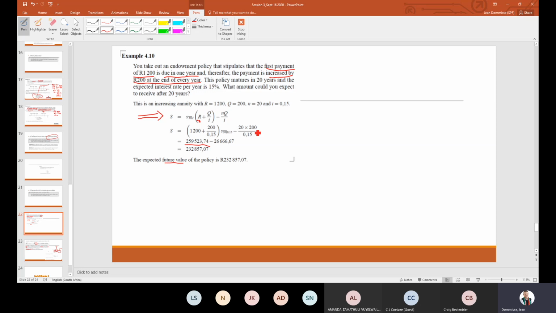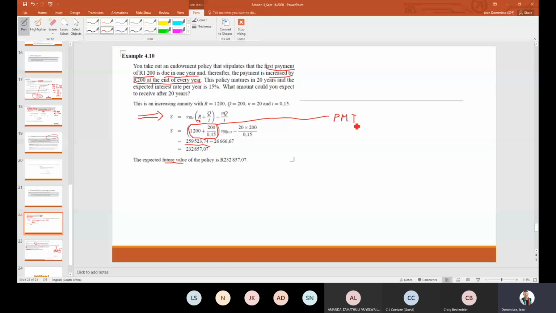Okay, cool. So basically how we would do it with a calculator is, that will be your PMT. So basically it is the 200, which is the increasing component, divided by the interest of 0.15.